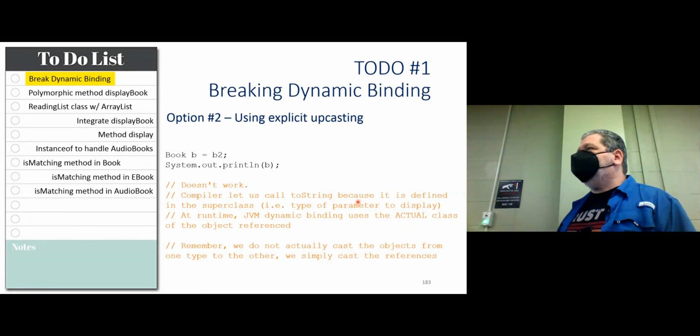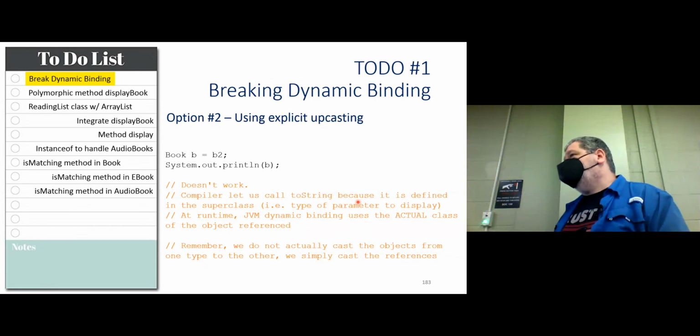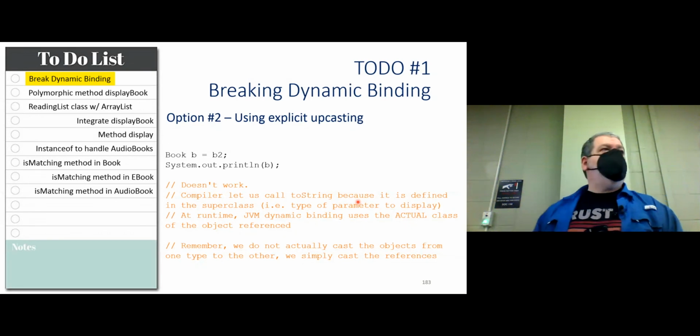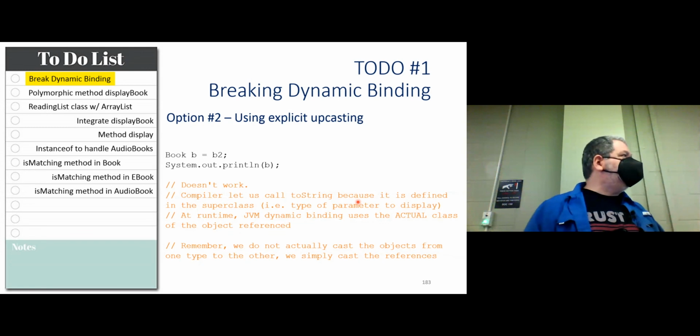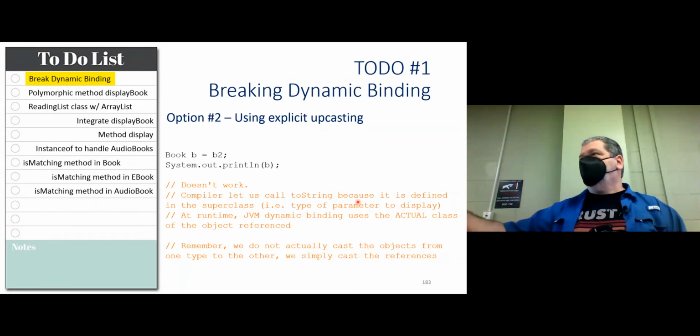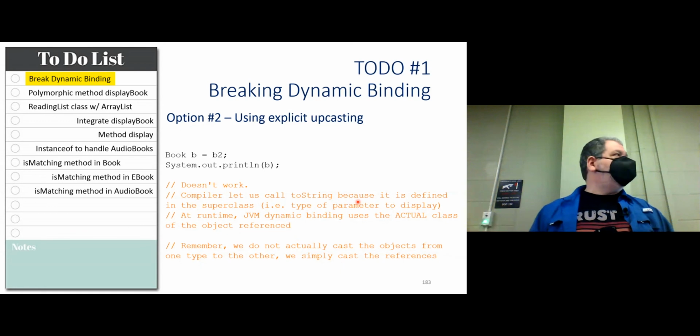Here's the deal, okay? Can I possibly bypass overriding using some complex typecasting or some syntax that I never tried before? The answer is no. And it's a good thing, because when you write a subclass and you override some method from your superclass, if I was able to bypass your overridden version, that would not be safe at all.